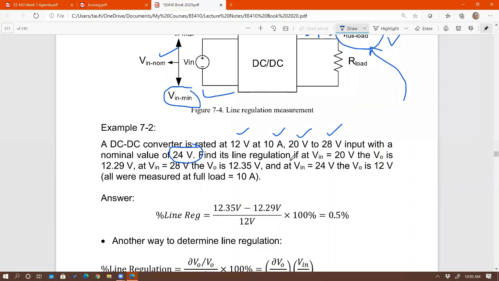Find its line regulation if at V in 20 volts, that's V in min, output voltage is 12.29. At V in max, 28 volts, V out is 12.35. And at nominal voltage input, 24, output voltage is 12. All were measured at full load. Remember this, always measured at full load.